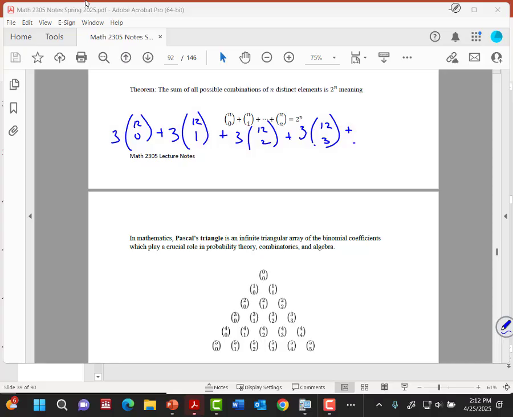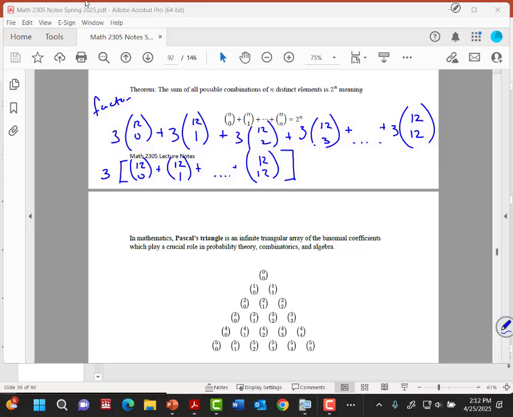But let's say I continued it all the way out and I did plus 3 times 12 combination 12. Well, I notice that this 3 is common to all of these terms, so I could factor this 3 out, and then I would have 12 combination 0 plus 12 combination 1 all the way out to 12 combination 12.